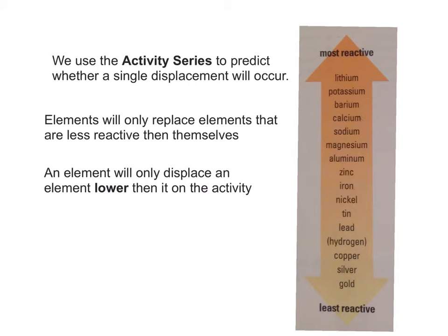The aluminum dip also polished the copper penny because it is above copper on the activity series. Aluminum, however, would not remove an oxide from magnesium because it is lower than magnesium on the activity series.